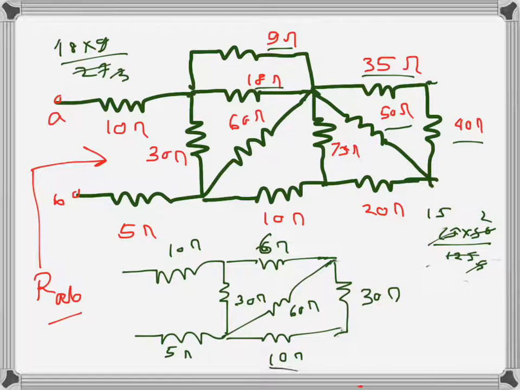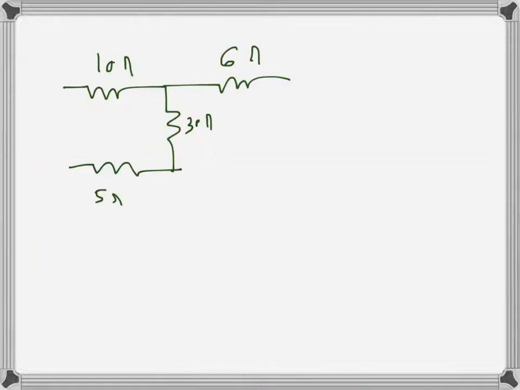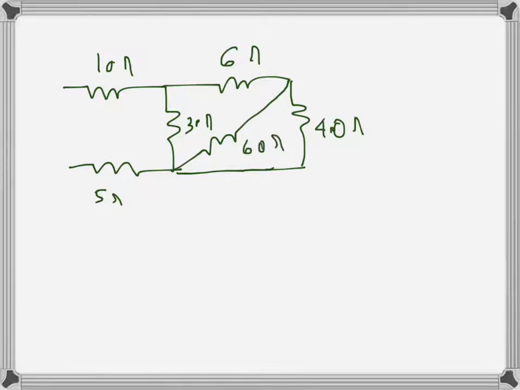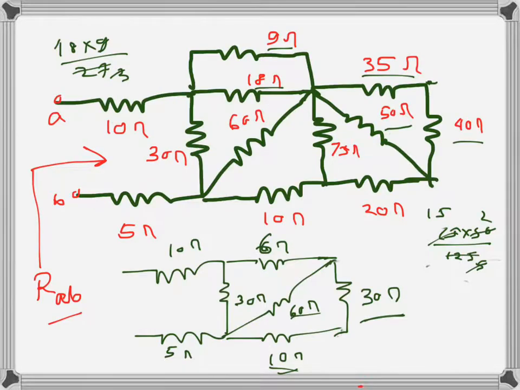But this 10 and this 30 are coming in series, so becoming 40. So we have 40 ohms, and then we have 60 ohms. So that's that 60, and 10 plus 30 is 40.